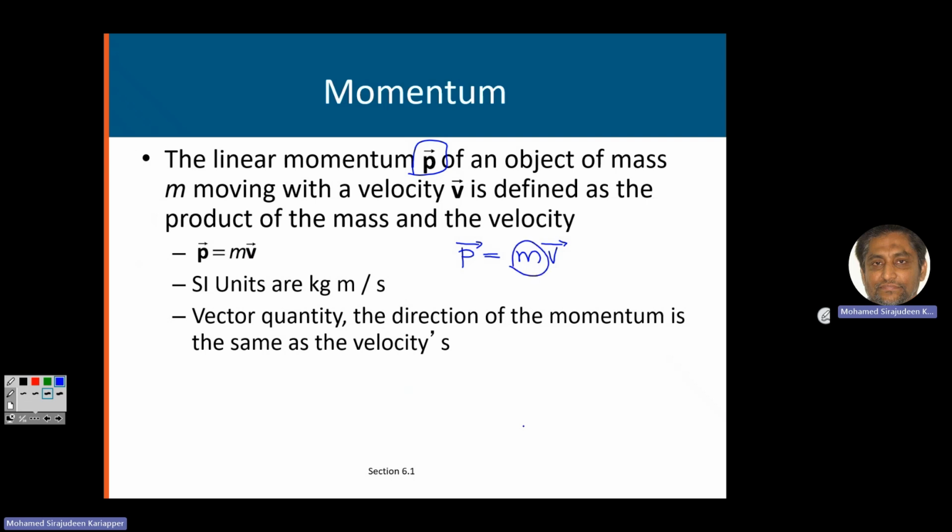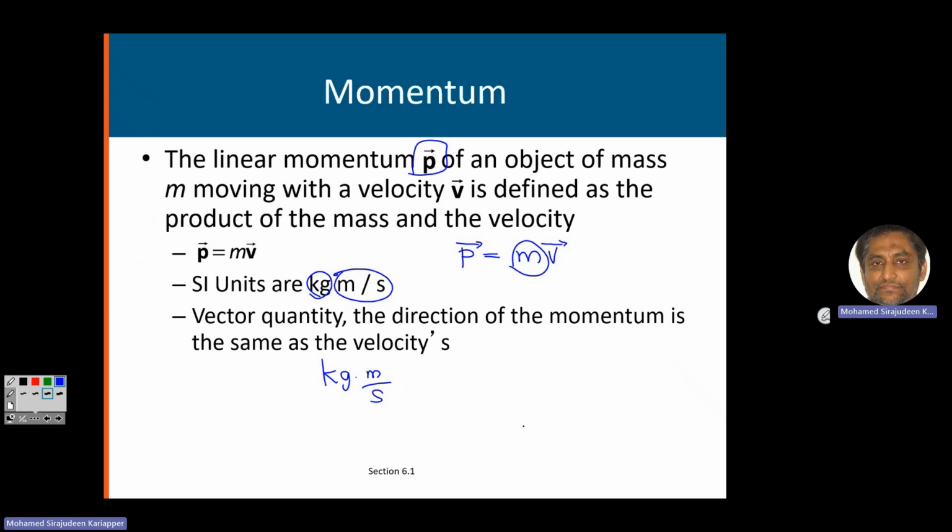So momentum will have the same direction as the velocity. What about the units? Mass is kilogram, velocity is meter per second, so the SI unit for momentum is kilogram meter per second.